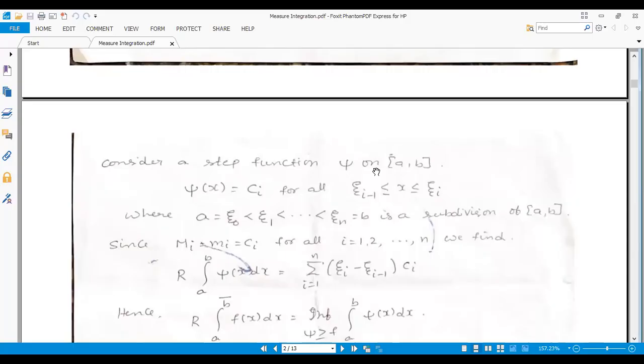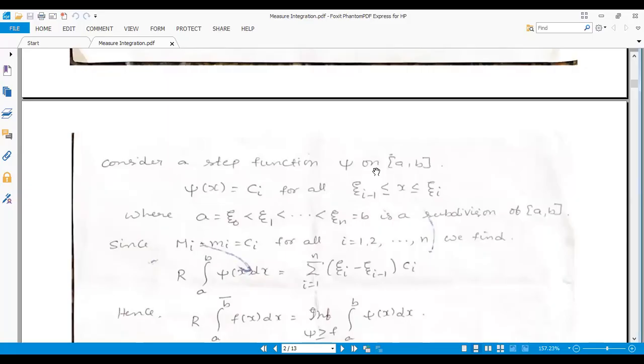Examples are the characteristic function. A real valued function phi is said to be simple if it is also measurable, taking a finite number of values.